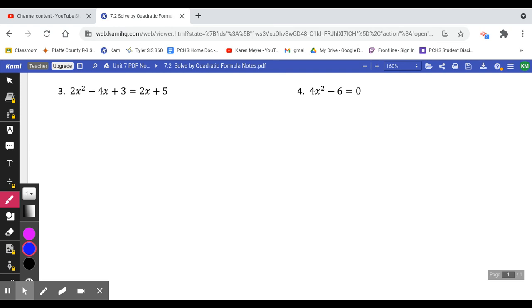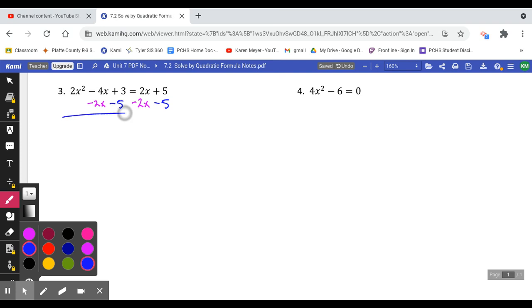All right, once again, let's move things around. So I'm going to start by subtracting 2x. And then I'm going to subtract 5. So 2x squared minus 6x minus 2 equals 0. a is 2, b is negative 6, and c is negative 2.